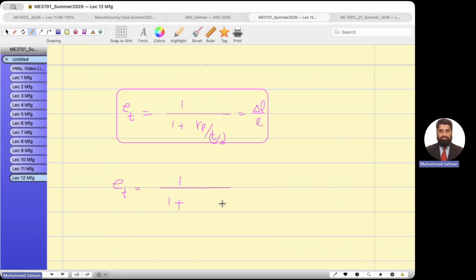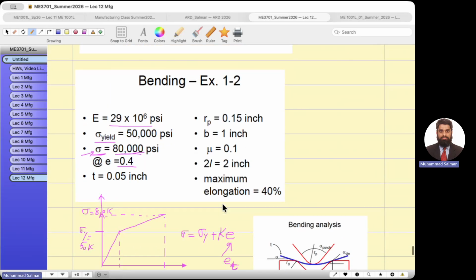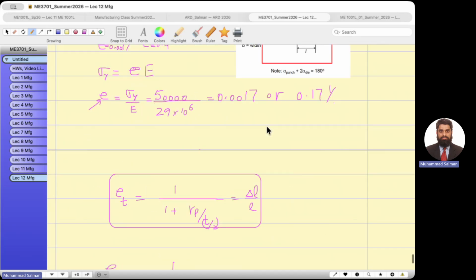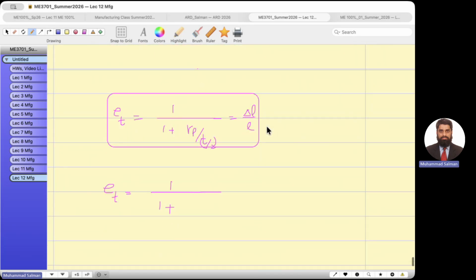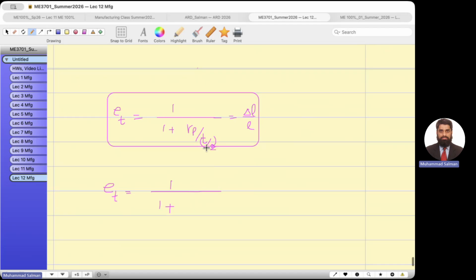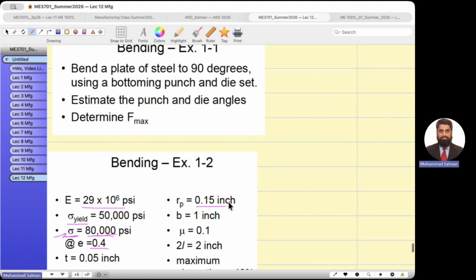The radius of the punch is given. It is 0.15 inch. So this two is going to go into the numerator of this value. So can I write down 2 times 0.15, because this is the radius of the punch.